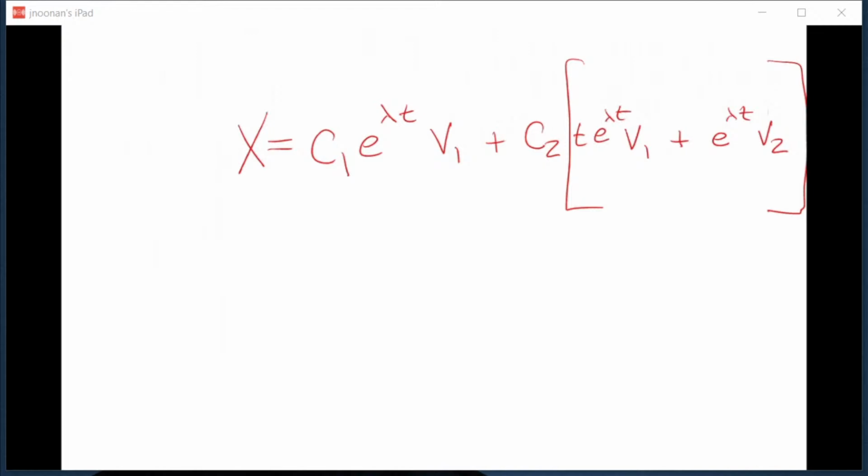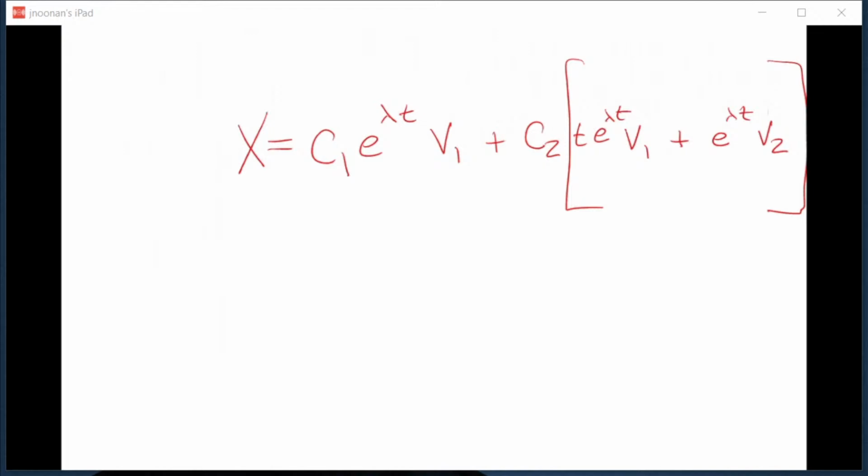So it's hard to remember all of this stuff. It's in your book somewhere, but essentially what you're doing here is you've got the C1. This makes sense. But then this thing, what this is doing is, you know that the derivative of t e to the lambda t has this as part of it.